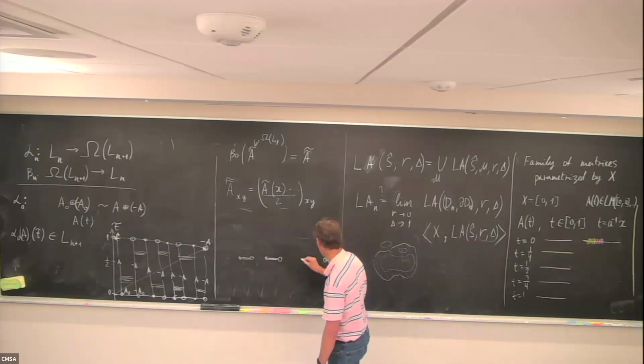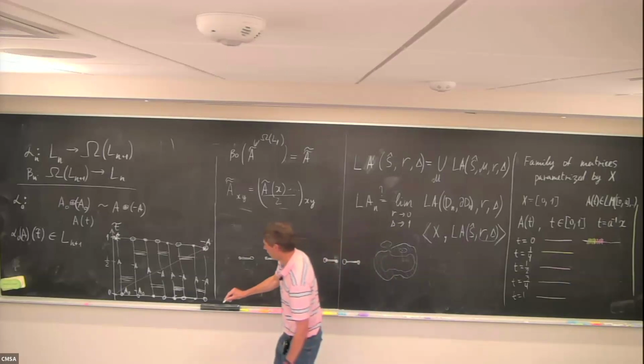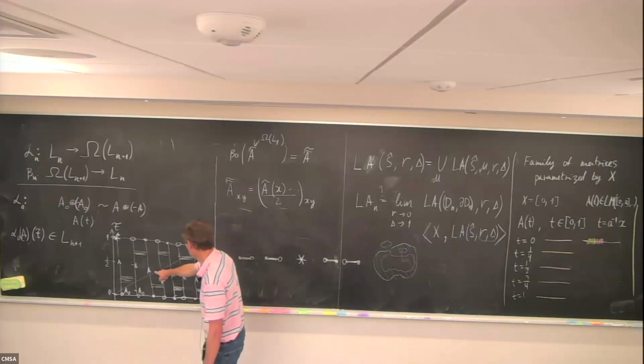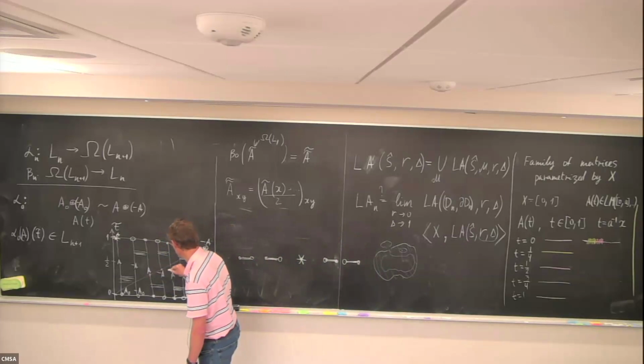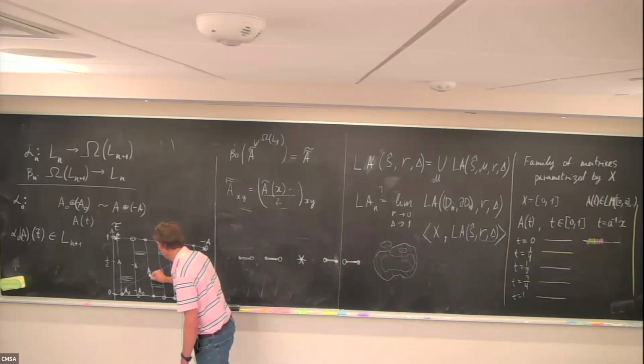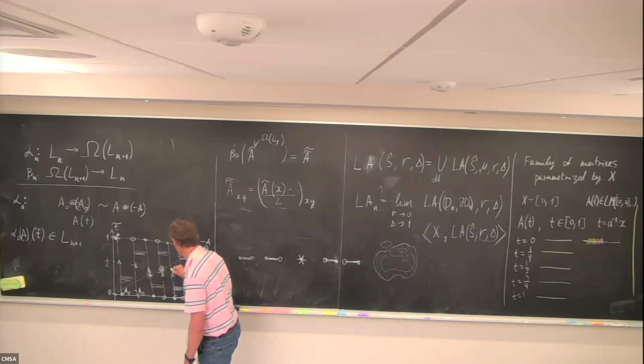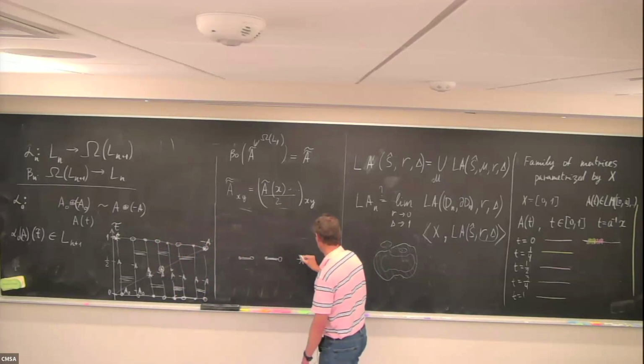And in the middle, we have maybe one, maybe three, but an even number of things that look like A and minus A. Let me put three of them.